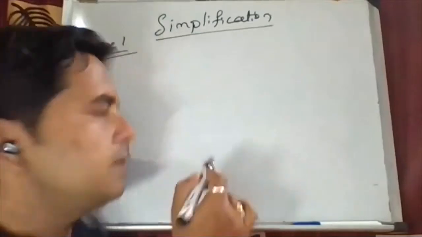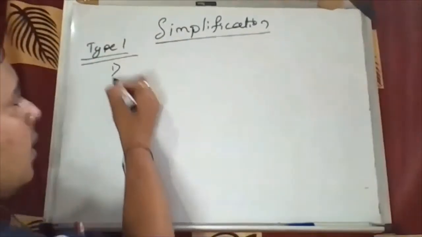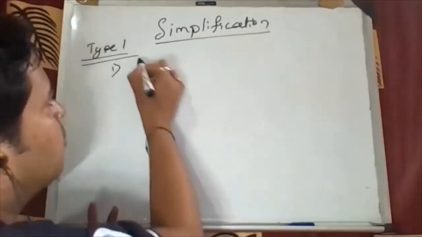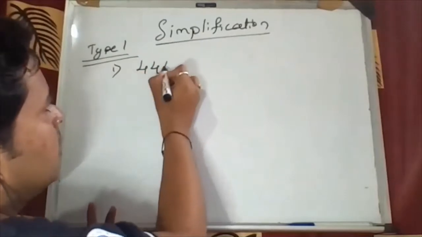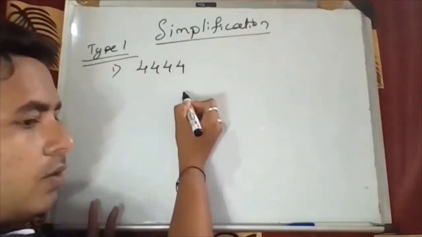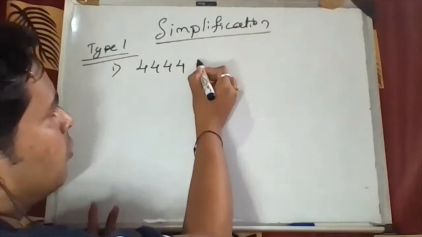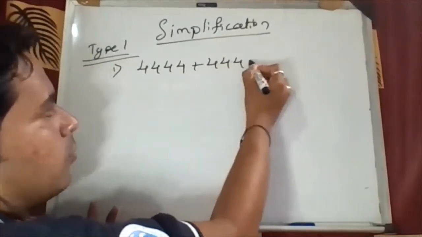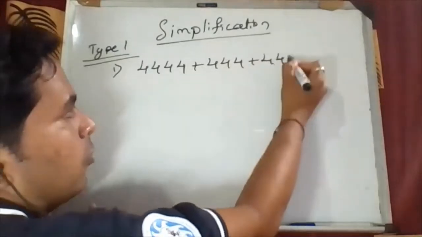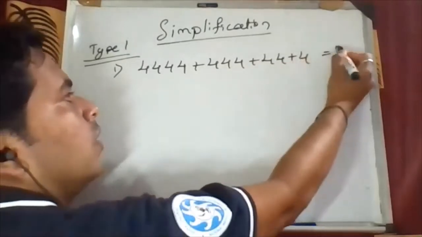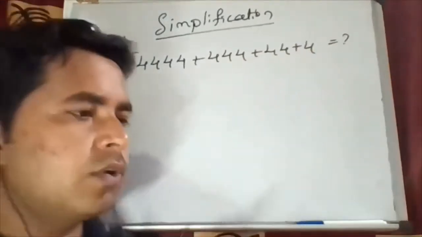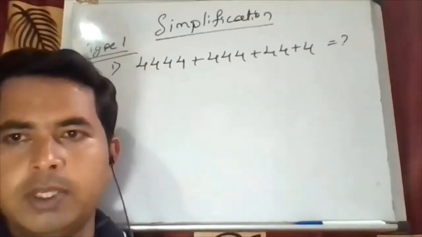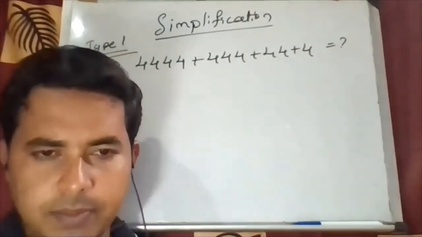For example, we have usually seen addition type questions, for example 4444 plus 444 plus 44 plus 4, and they'll ask what will be the value if you add these numbers.